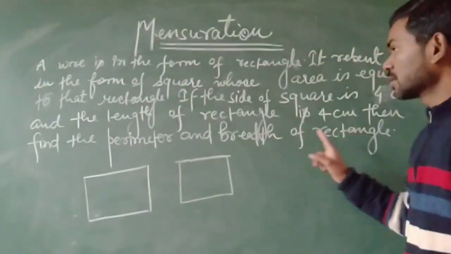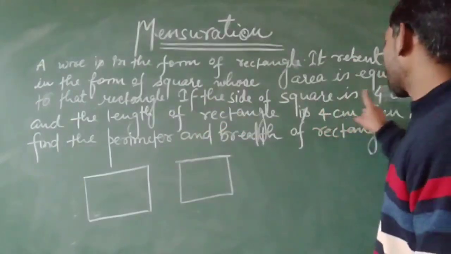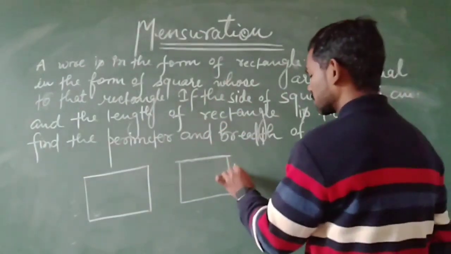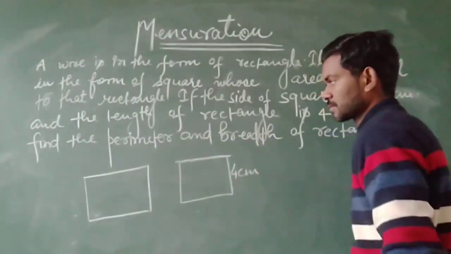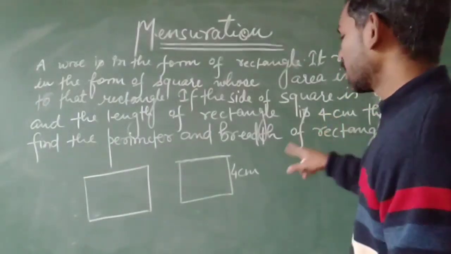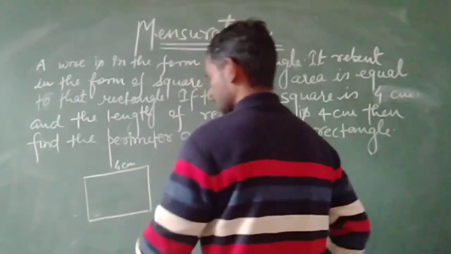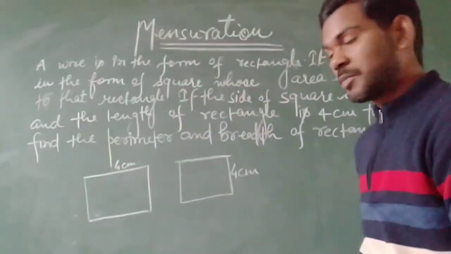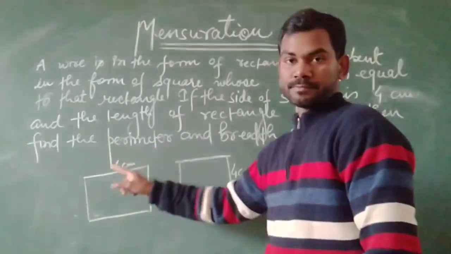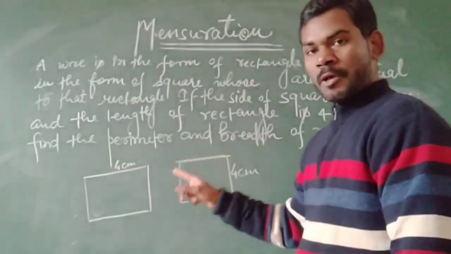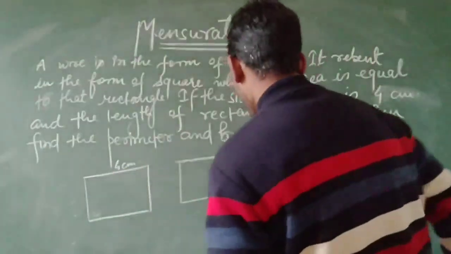Now, if the side of the square is 4 centimeter, and the length of this rectangle is 4 centimeter, then we have to find the perimeter of this rectangle as well as its width.